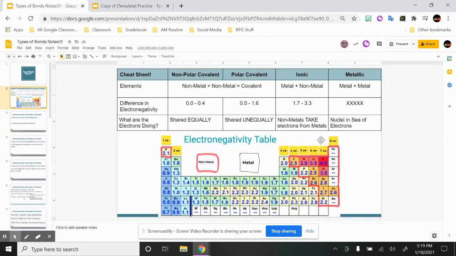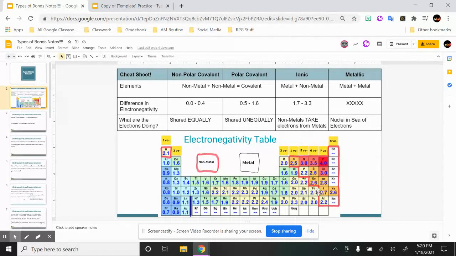They're closer to having 8. So nonmetals tend to have high electronegativities. They're really good at attracting those last couple electrons they need to get 8. They really want just 1 or 2 or 3 more electrons to fill up their octet. So they have high electronegativities. They're good at attracting electrons.